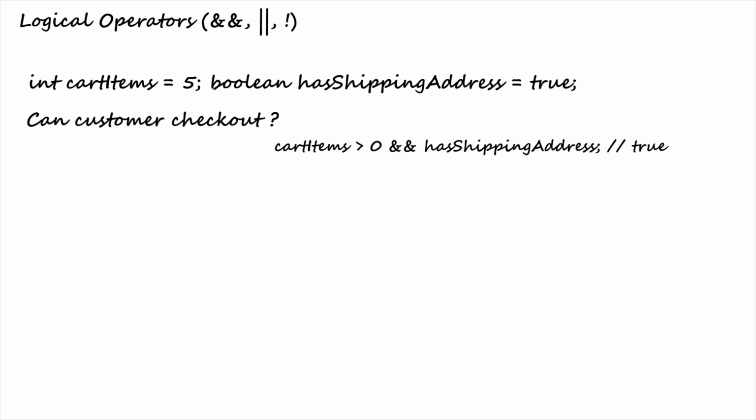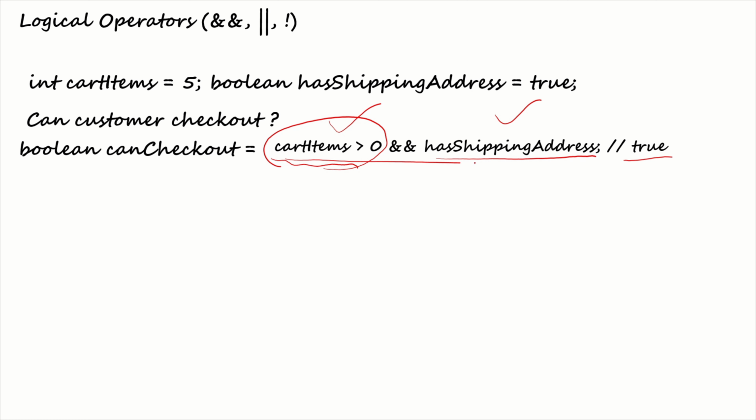In this case the cart has 5, so this is going to be true, and has shipping address is true. Both are true, so I'll get true. The result of this compound condition is true, and that will be assigned to the can check out variable.